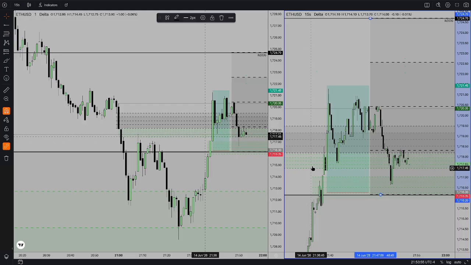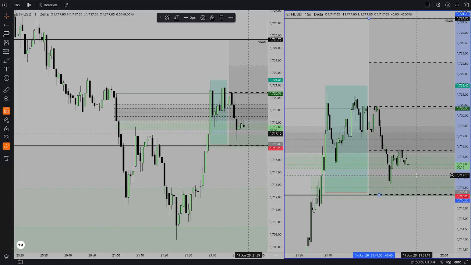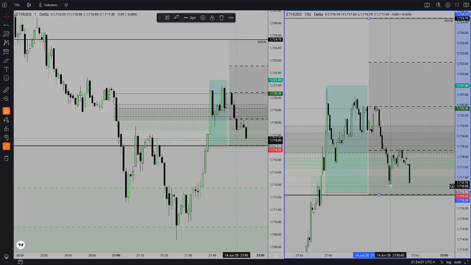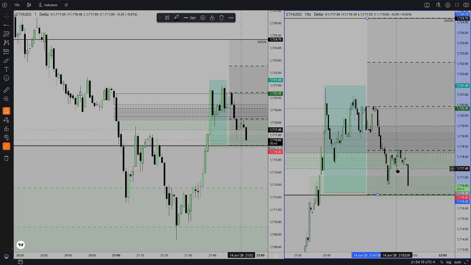That's obvious because there's an NDOG event horizon there, right? So you move downwards and clear out this engineered liquidity there. I want to see how it reacts from there, this particular area.